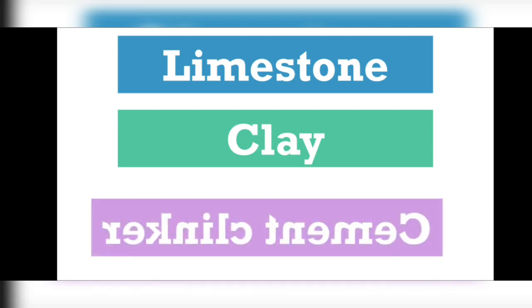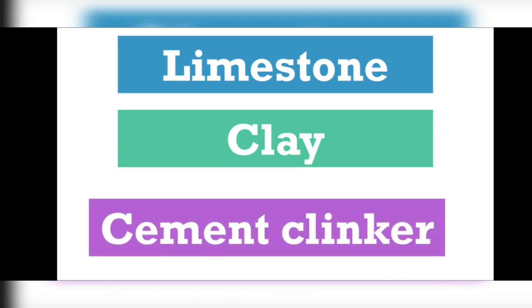When lime and clay are strongly heated together, they fuse and react to form cement clinker.